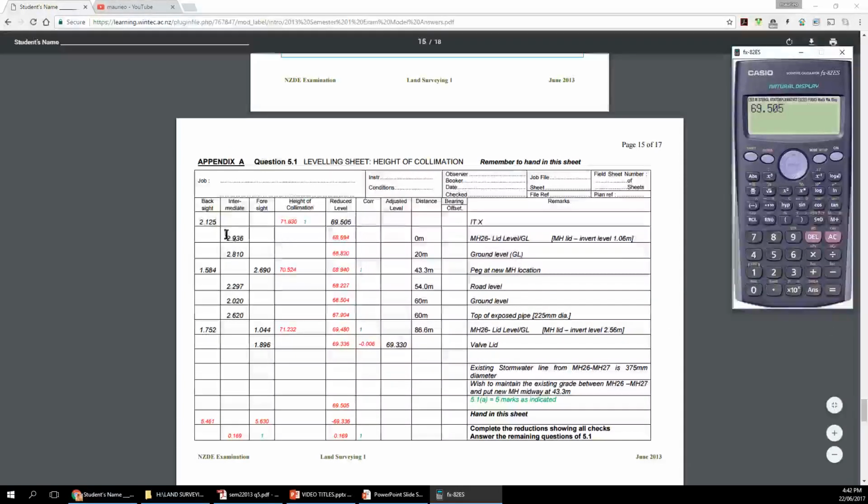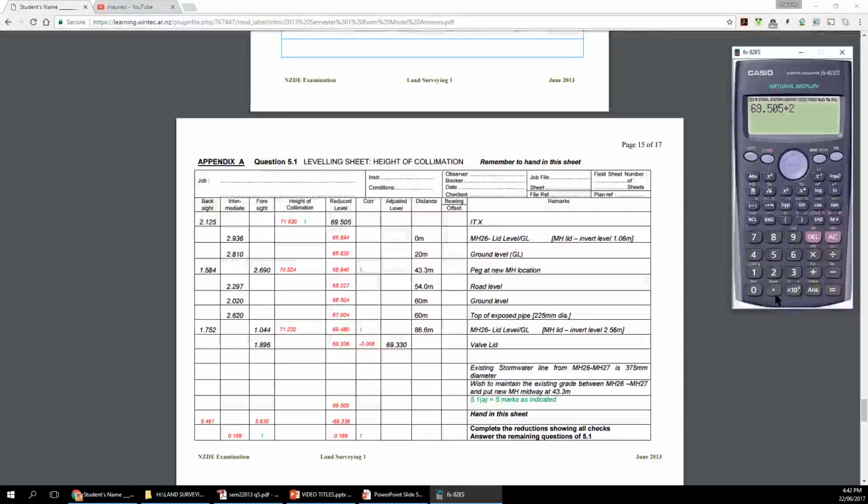And you just add to that the backsight, and that will give you this height of collimation here. So that's plus 2.125 equals, and that's 71.630, which we've got there.